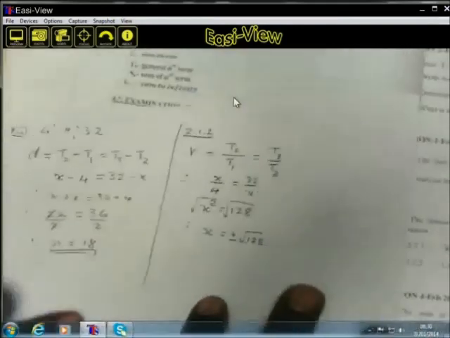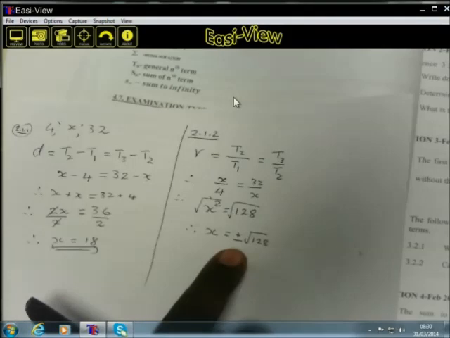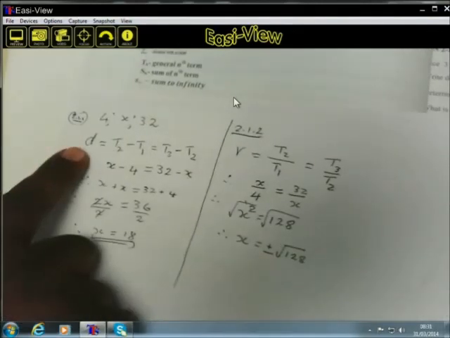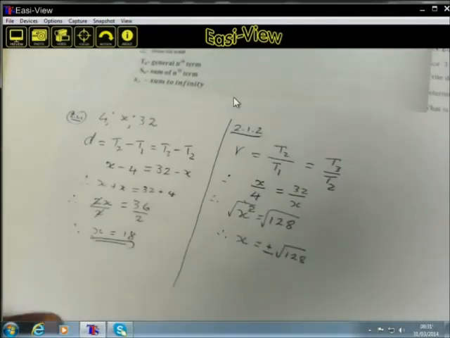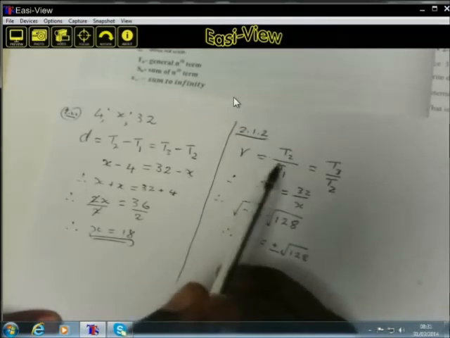So the most important thing that I wanted to indicate with these two examples was that if you are told that the sequence is arithmetic, then the sequence must have a common difference. And if you are told that the sequence is geometric, it means the sequence must have a common ratio.